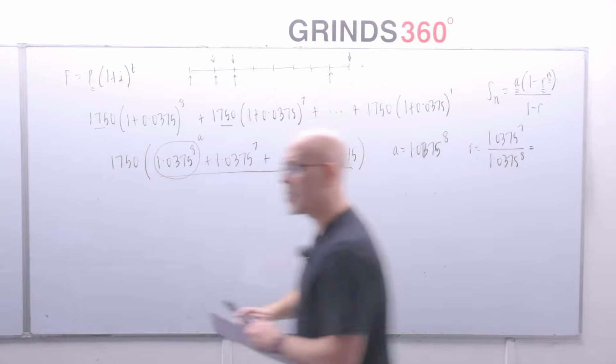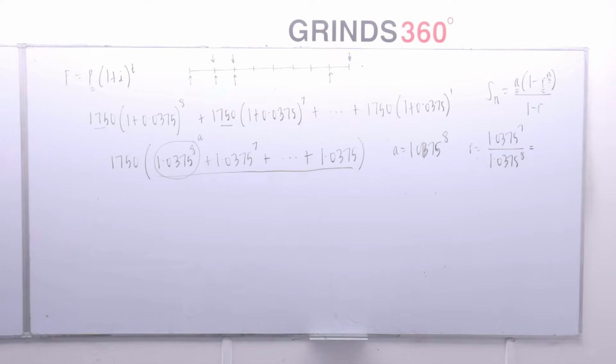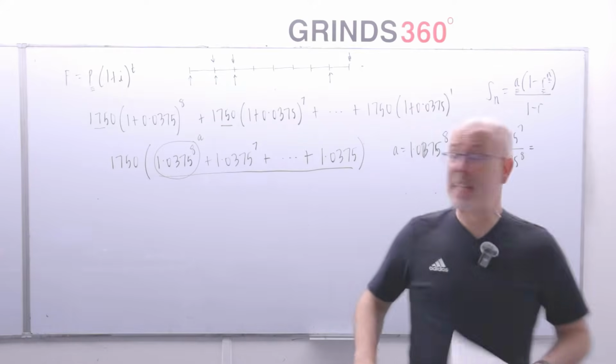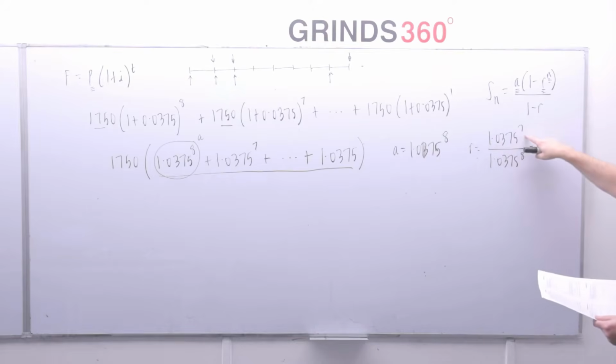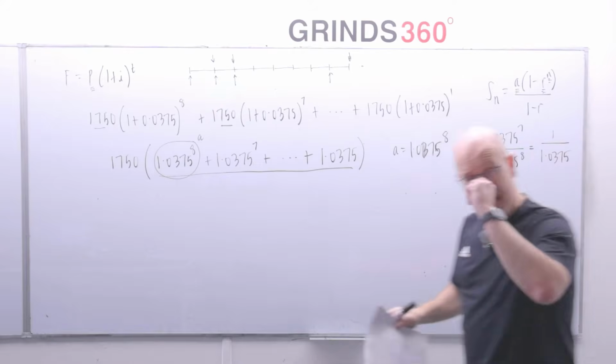Now, when you're doing that, you can either do it by just cancelling here. So notice that you've got 7 1.0375s above the line and 8 of them below. So those 7 will cancel with 7 of those, leaving 1 below the line. So you get 1 over 1.0375. So you can cancel that by hand if you want to.